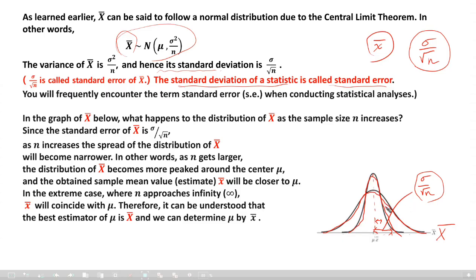If n is very big, 1,000 or something like that, then it's going to be very steep here. So X bar will lie within this small range, approaching mu, the center.